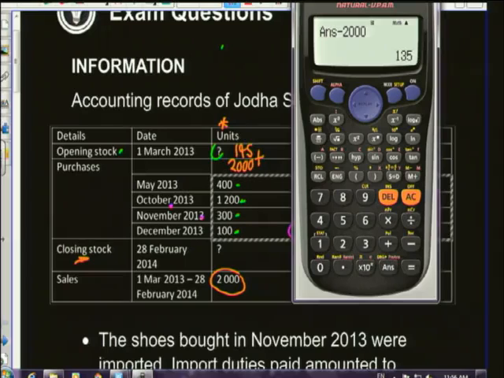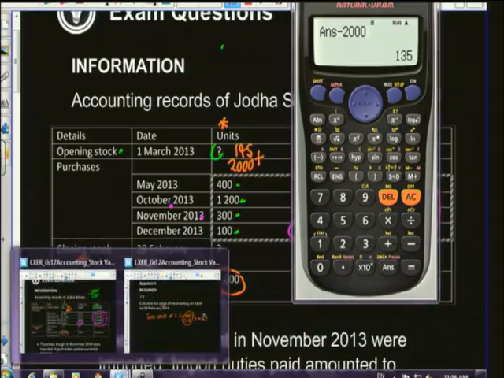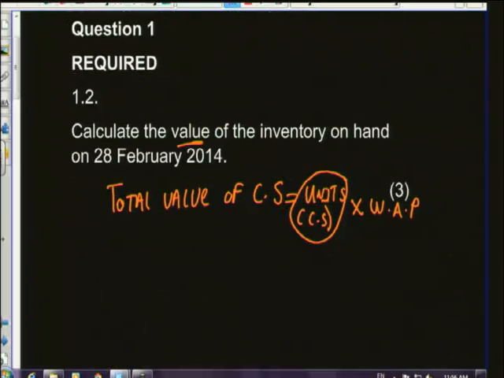It's not a difficult calculation, guys, but you've got to take everything into account when you're doing this particular calculation. So let's fill that figure in: units of closing stock, 135 pairs of shoes were not sold.